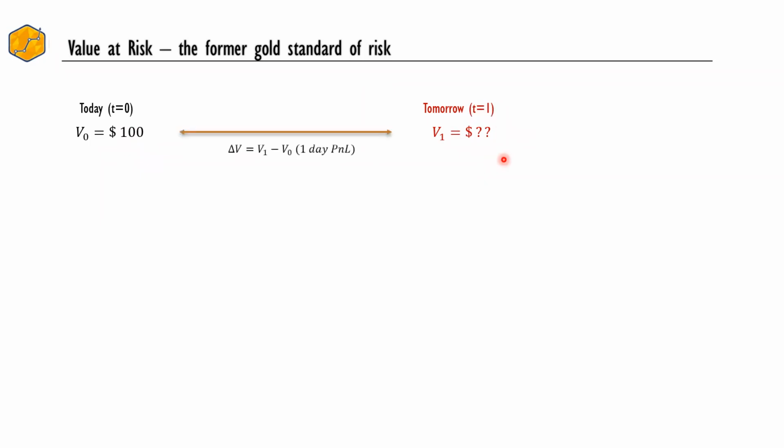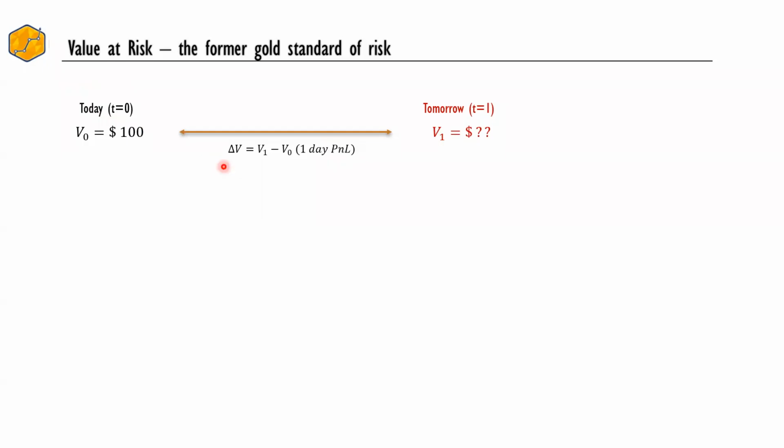The difference between the values is the PnL. If you're thinking of one day, then the difference between V1 and V0 is delta V, which is the one day PnL. It could be a profit, it could be a loss, but we don't know. Standing at t equal to 0, this is a random variable.